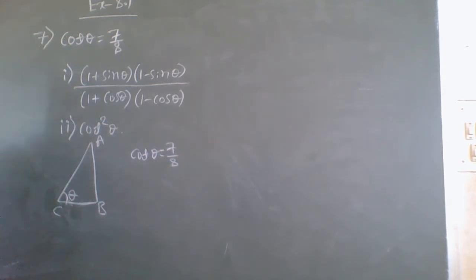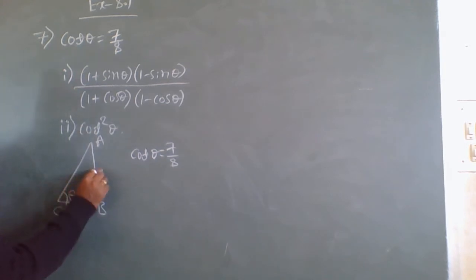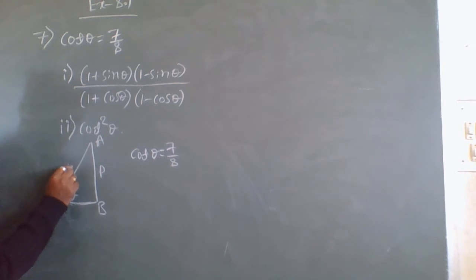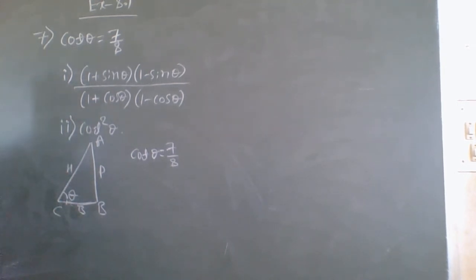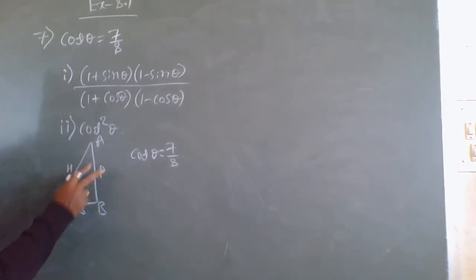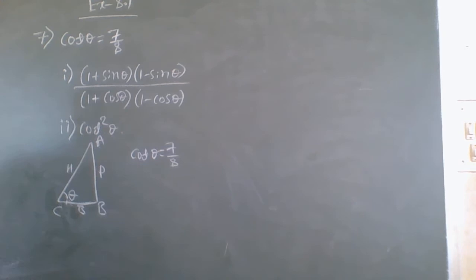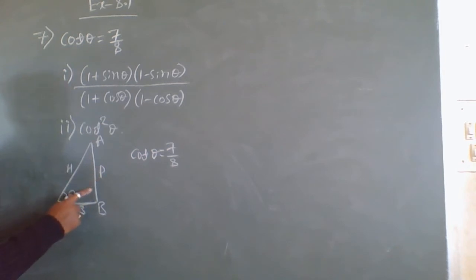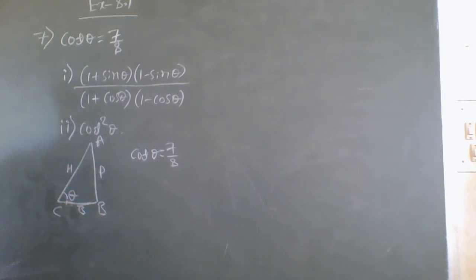So here perpendicular is opposite to theta. So this is perpendicular, this is hypotenuse, this is base. So we know that cot theta is equals to base by perpendicular, because cot theta is reciprocal of tan theta. Tan theta is perpendicular by base. So cot theta is base by perpendicular.